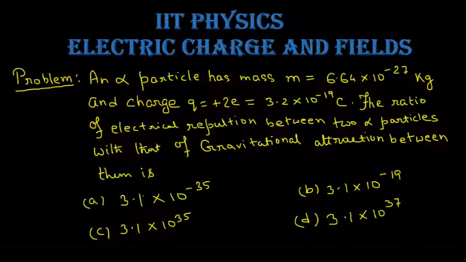The ratio of the electrical repulsion between two alpha particles to the gravitational attraction between them is: A, 3.1 into 10 to the power minus 35; B, 3.1 into 10 to the power minus 19; C, 3.1 into 10 to the power 35; and D, 3.1 into 10 to the power 37.